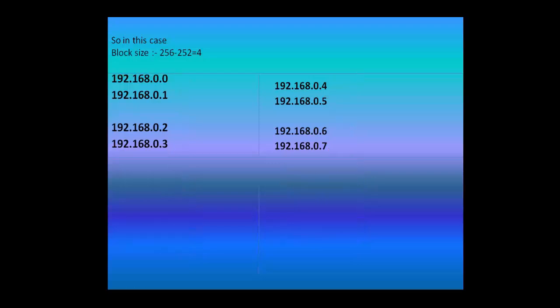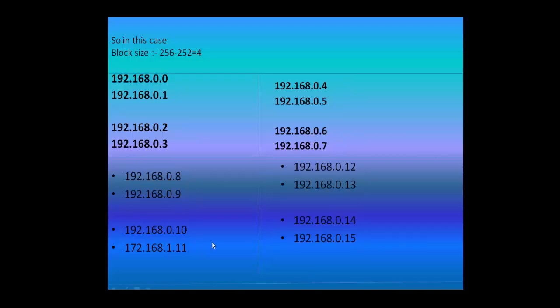Just do one thing. 8 and 11, 12 and 15 are network ID and broadcast IP, with 13 and 14 as valid IPs. 9 and 10 are valid IPs, 8 and 11 network ID and broadcast IP, 5 and 6 valid IPs, 4 and 7 the network and broadcast IP. Come back to that topology.